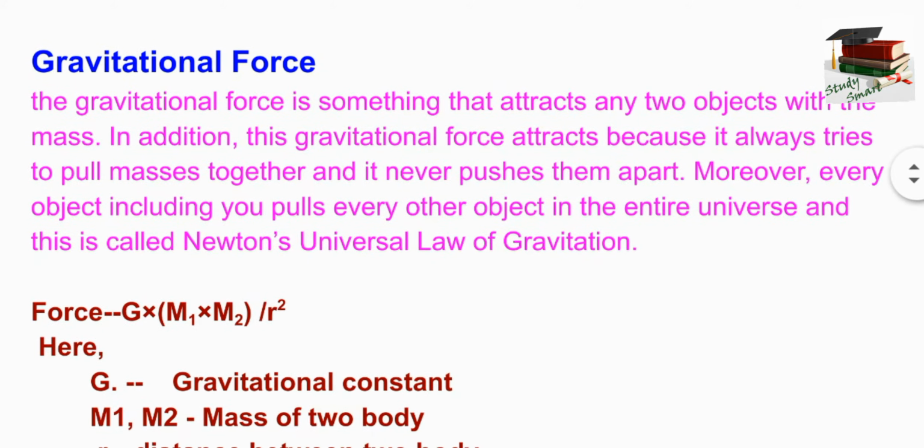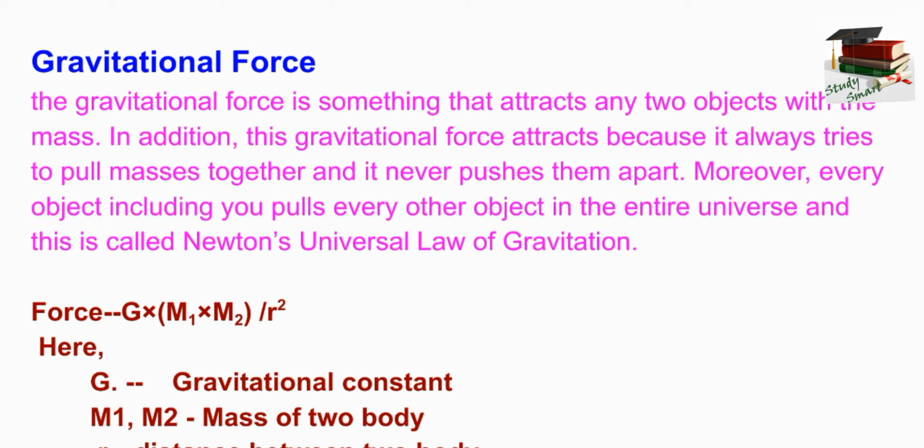Now see gravitational force. The gravitational force is something that attracts any two objects with mass. In addition, the gravitational force attracts because it always tries to pull mass together and it never pushes them apart.